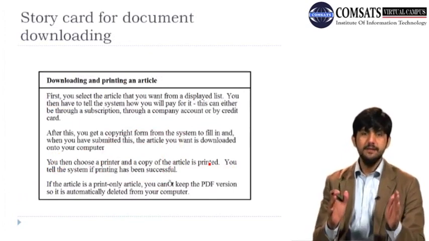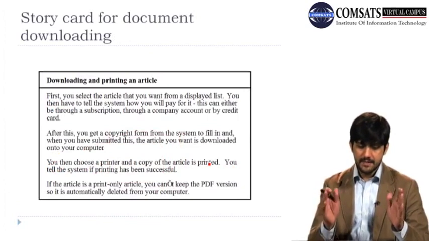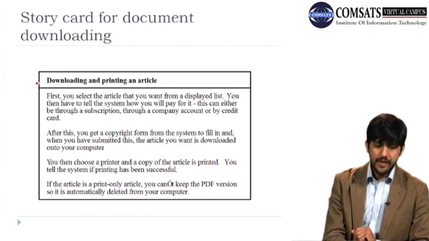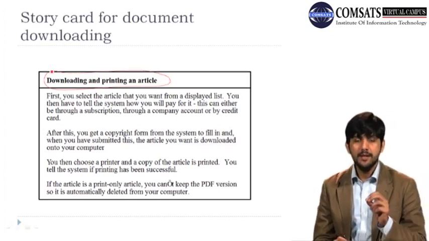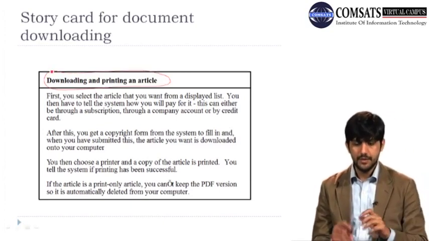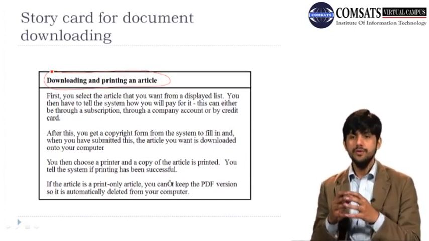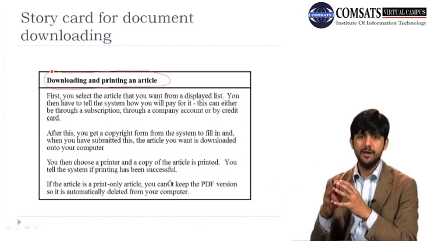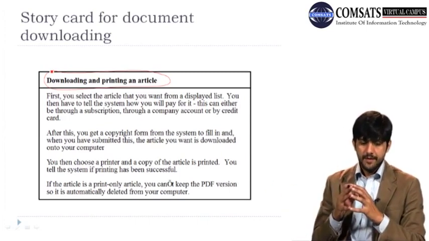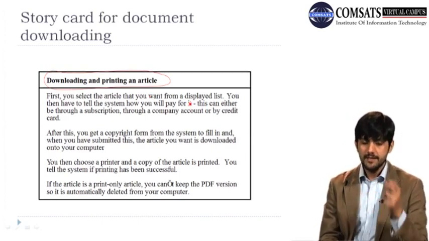So this is an example story card. Look at this small card, and we have given it a title as well. The title says downloading and printing an article. This scenario explains how you download and print an article from this particular system that we are developing. First you select the article that you want from a displayed list.